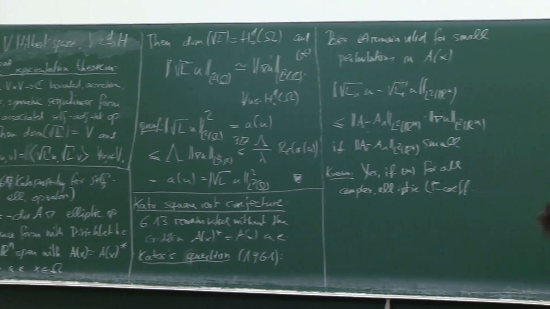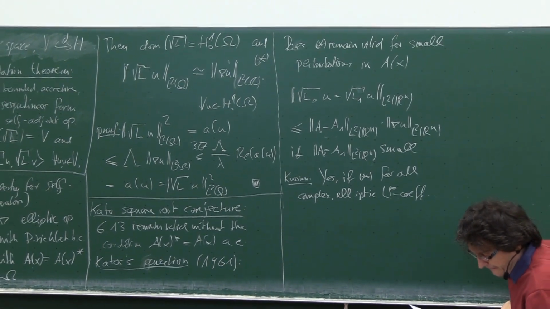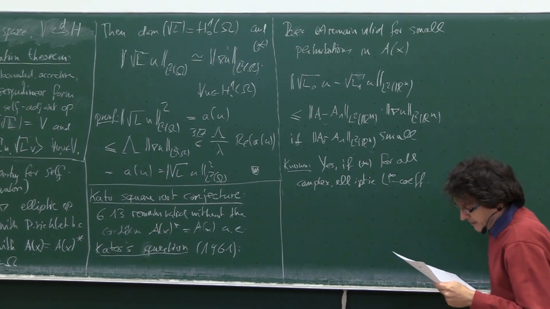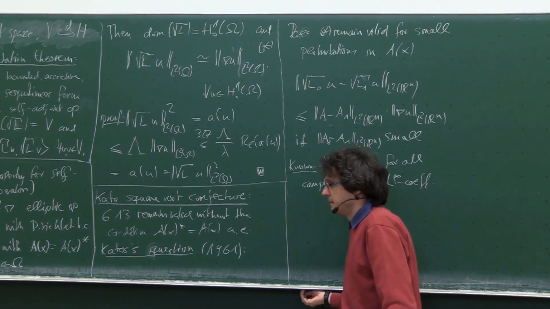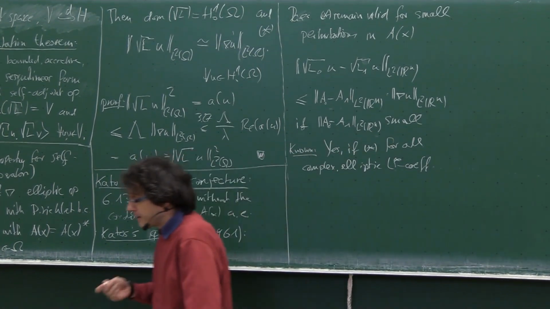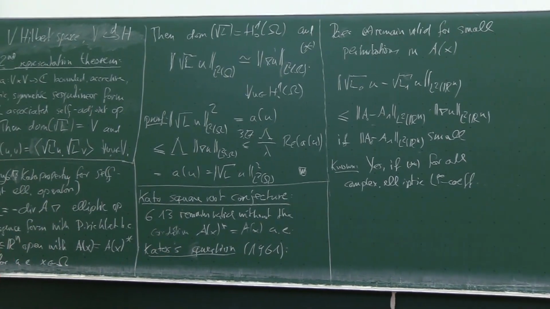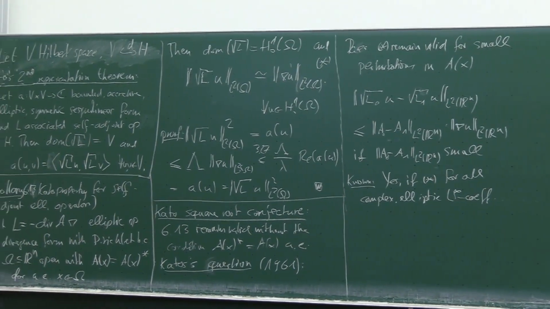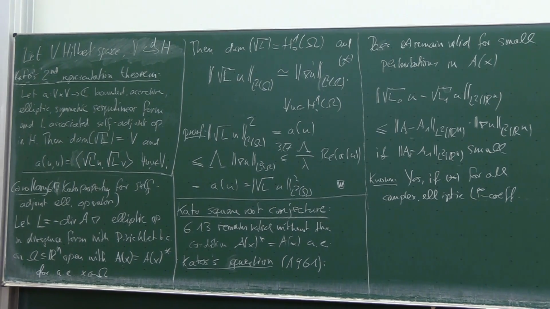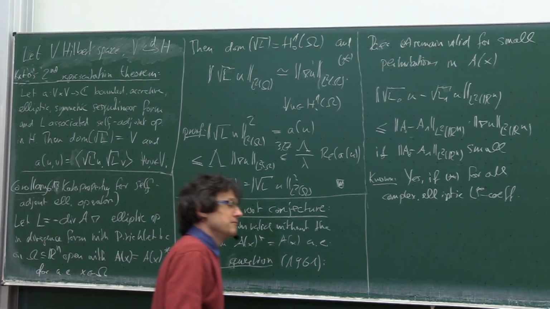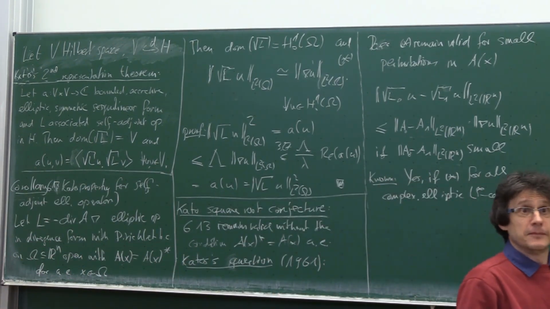At that time, this looked just like an interesting question to be given to some PhD student to work a little bit on, and it got more and more complicated.